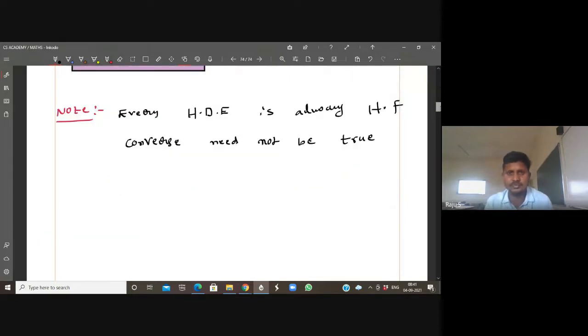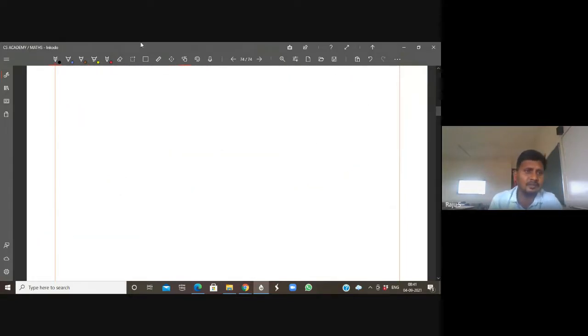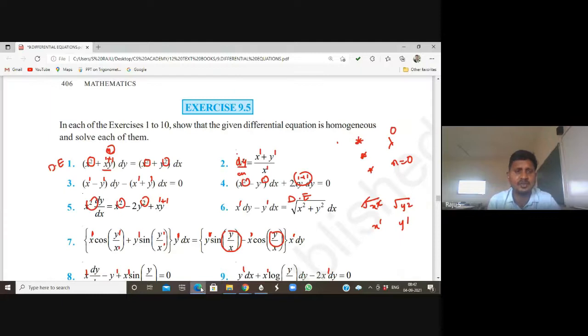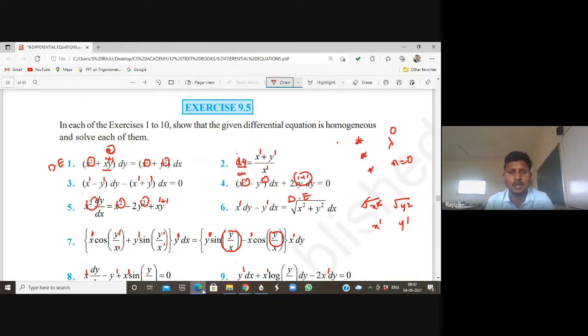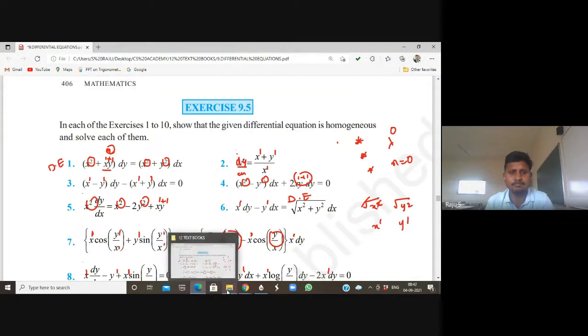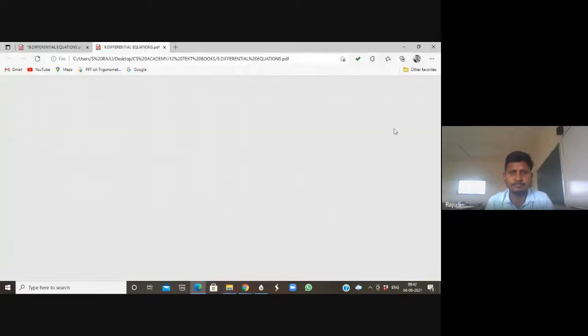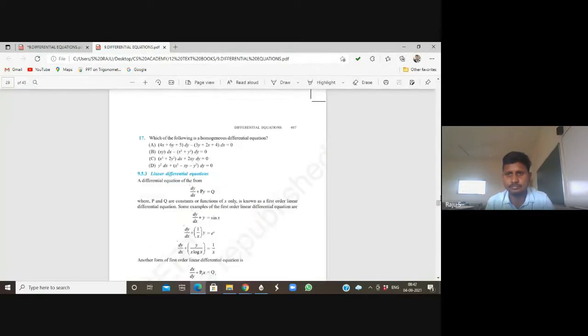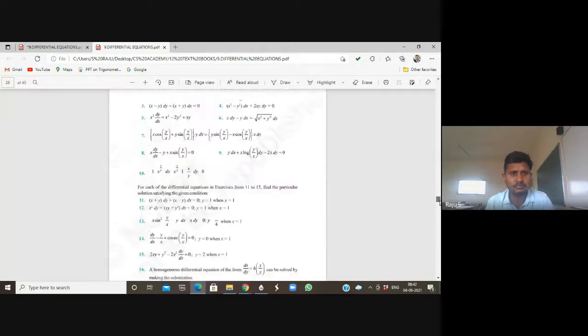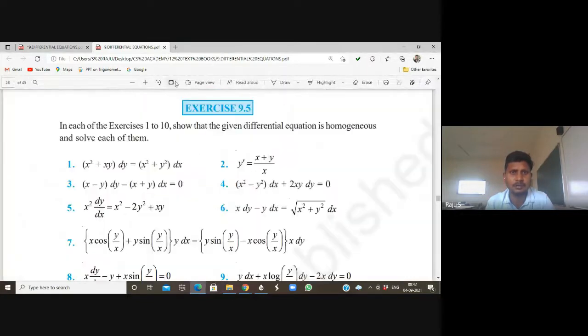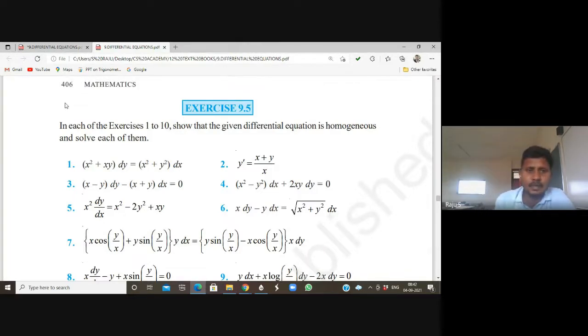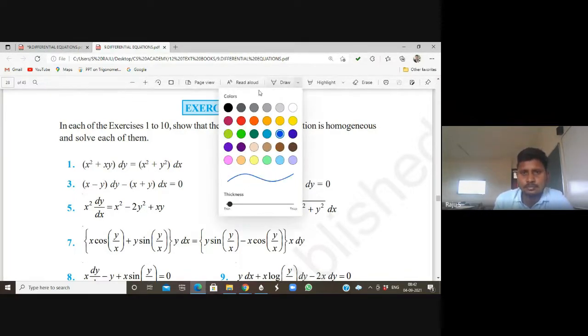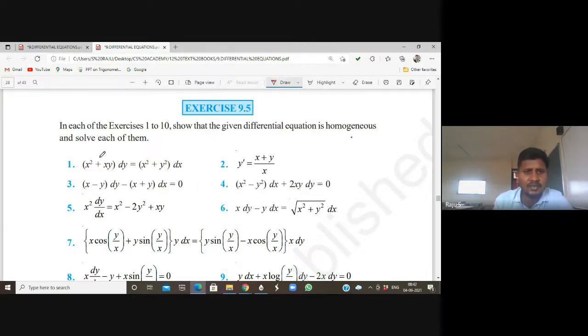Then coming to exercise 7.5, first question. What is the given function?